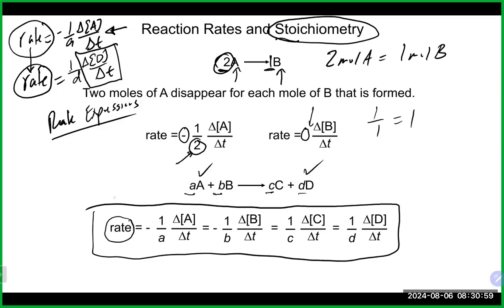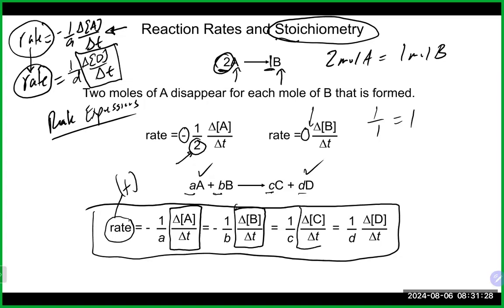As I mentioned before, this average rate is typically a positive number. But if you were solving for how specifically the concentration of A was changing with time, you would end up with a negative number because it should be decreasing with time. Same thing if you were calculating just how the concentration of B is changing over time. Because it's a reactant, you will end up with a negative number.